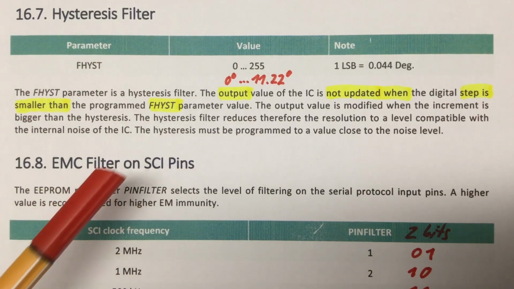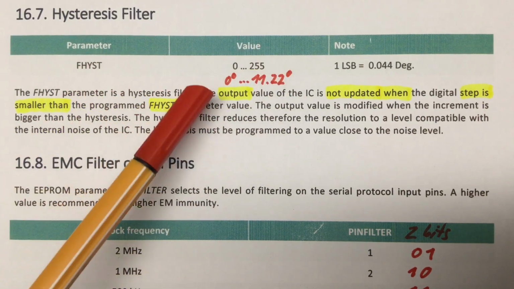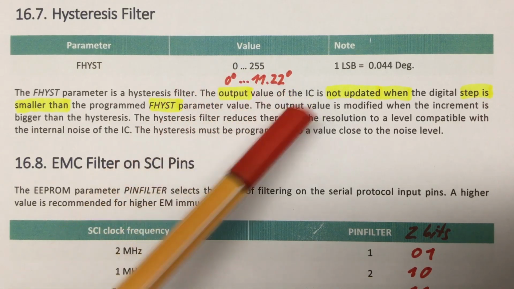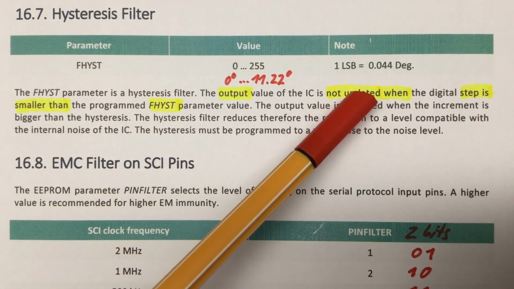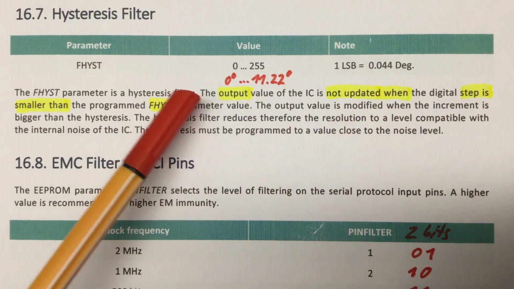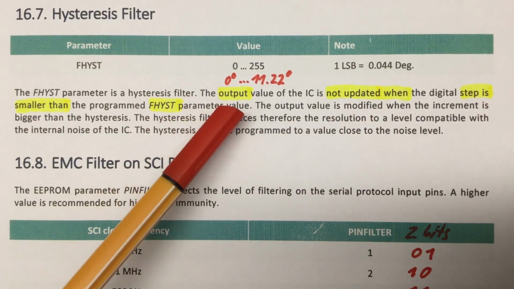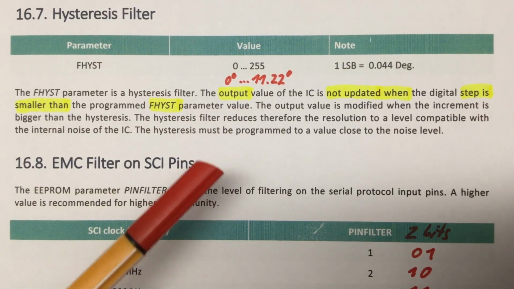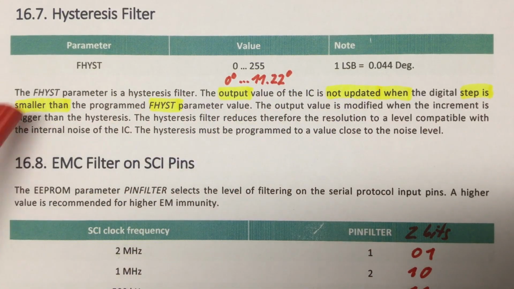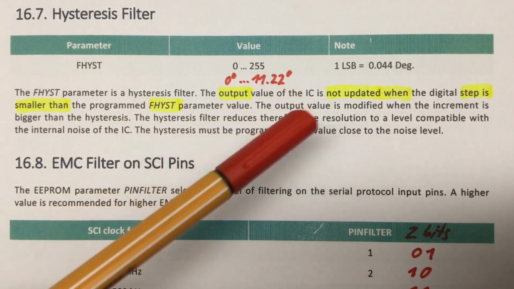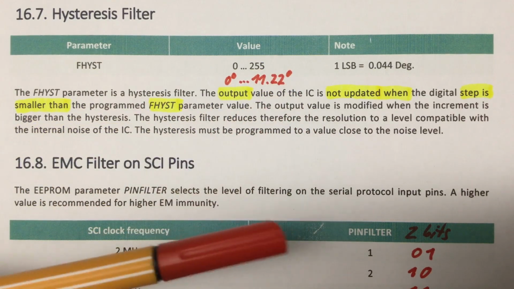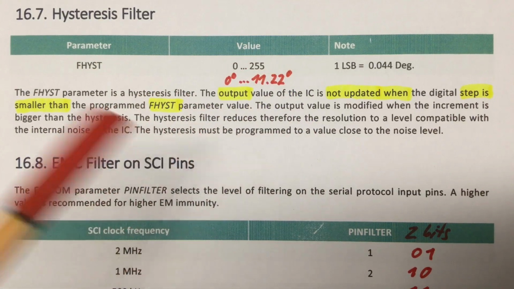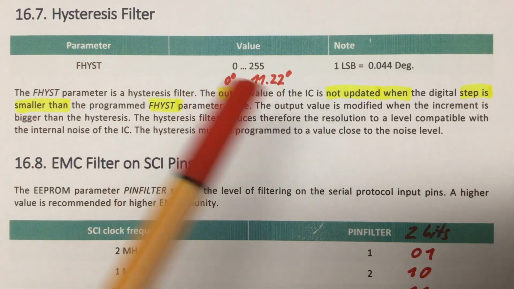Just a short recap, it's an 8-bit value in the range between 0 and 255, and it translates with one LSB equal to 0.044 degrees to a float value between 0 degrees and 11.22 degrees. And according to the description here, it's not updating the output when the change in angle is below the hysteresis we are setting here.